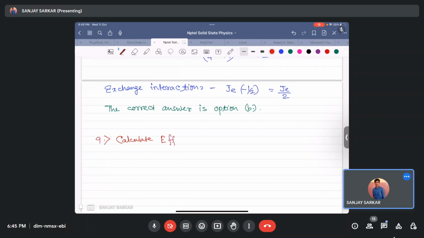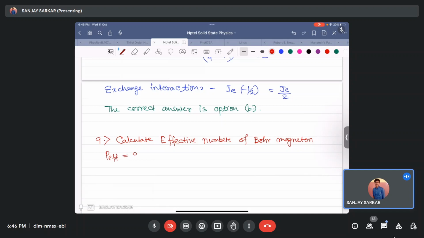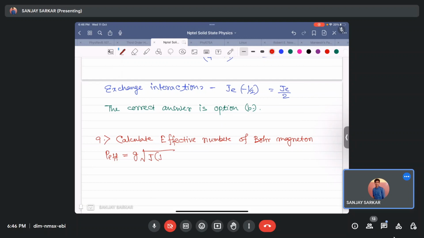Calculate effective number of Bohr magneton, P effective equal to G into root over of J into J plus 1, of the ion Gd2 plus having electronic configuration 4F7 5s2 5p6.